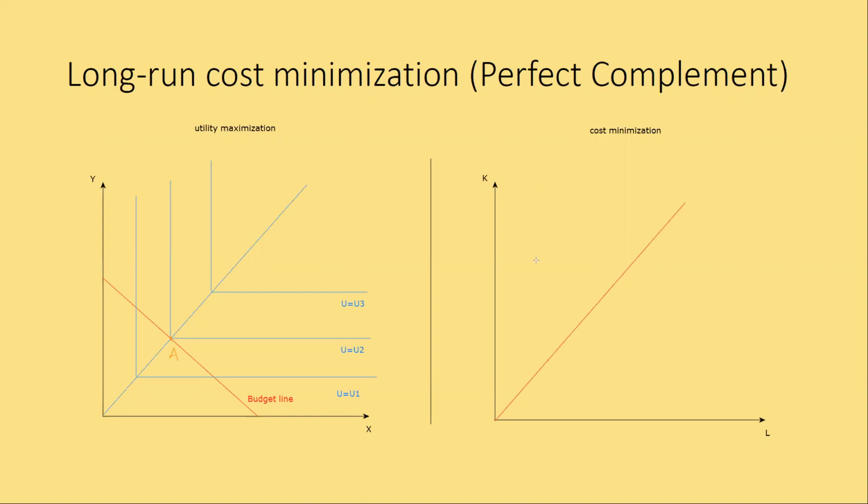So we have an isoquant that is fixed at this point. And we can draw a whole bunch of isocost lines, for some given W and R, the price ratio.